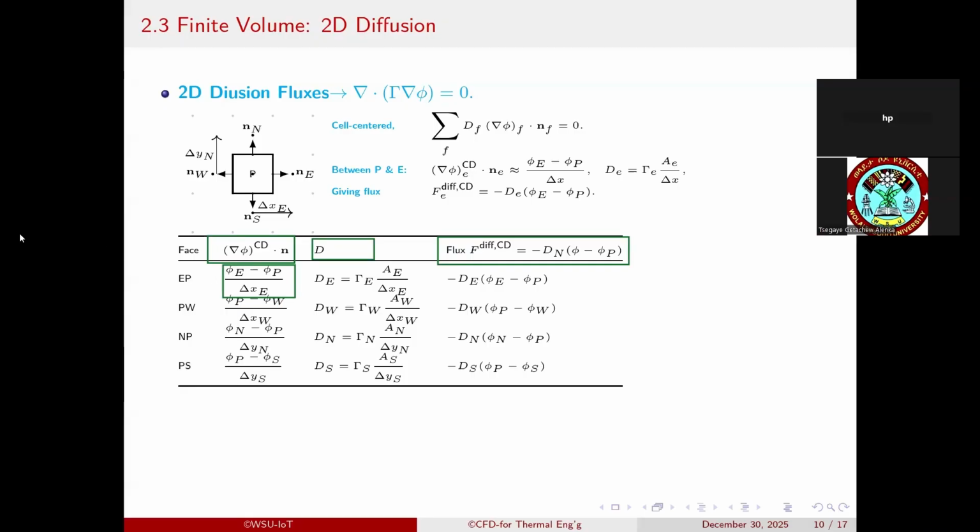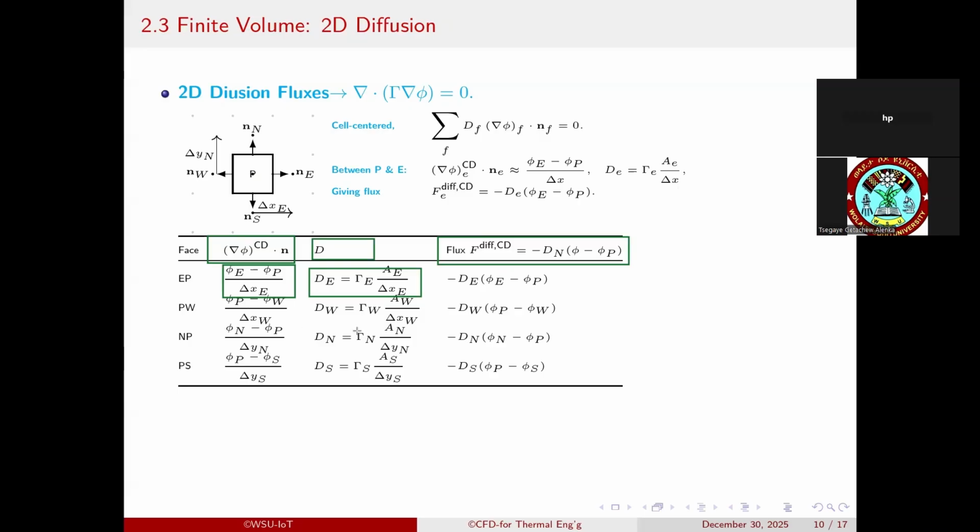The face diffusion factor is calculated by diffusion coefficient gamma times area over delta x or y.